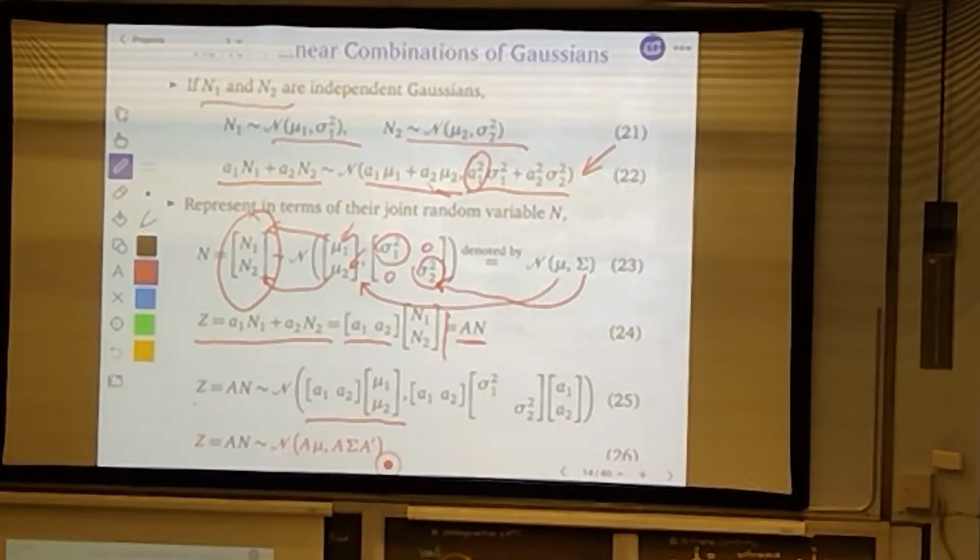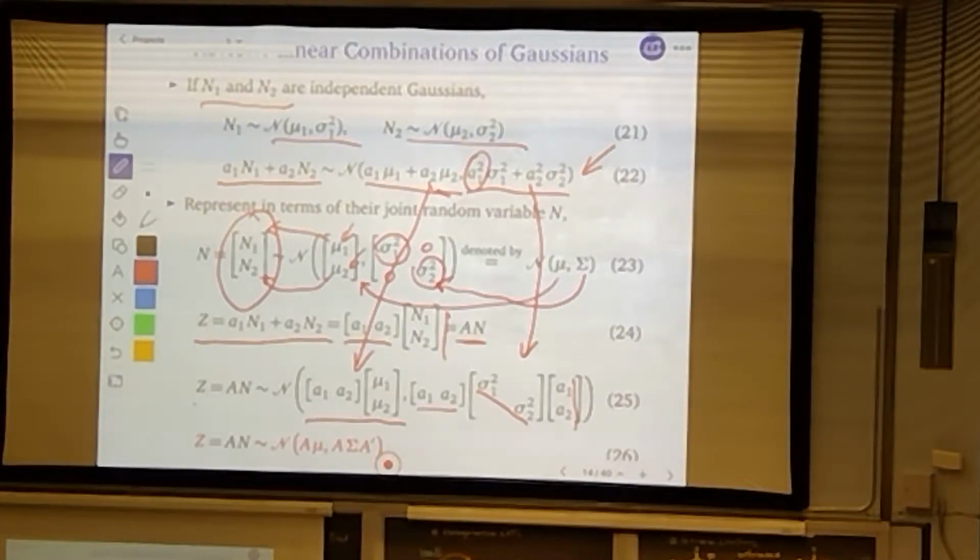That gives me this, right? And this covariance matrix is a proper quadratic form. And it's just this diagonal taking sigma1 squared, sigma2 squared.